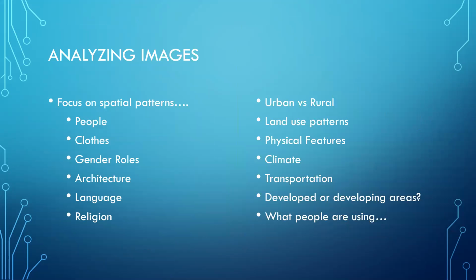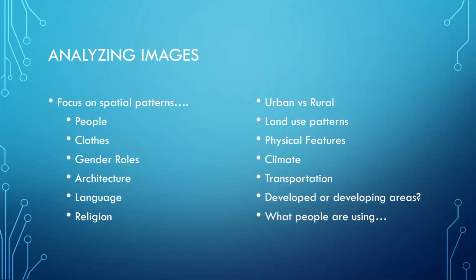Okay, so whenever you analyze images, whenever you analyze photographs, focus on the spatial patterns, whether it's the number of people there, the clothes they're wearing, what you can tell about gender roles there based on clothes and the other things we're going to list. What can you tell from the architecture? Can you see the language there? Can you tell what the religion maybe is?